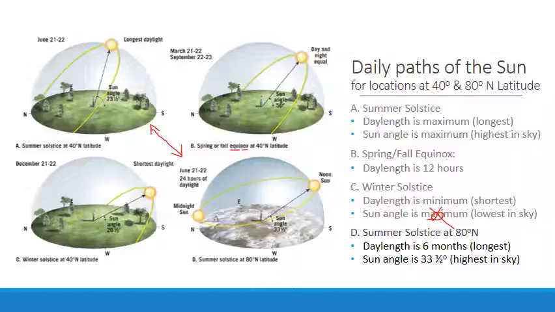Do you notice something about these numbers? Here we're at 40 degrees north, okay? And if we add 50 degrees, the sun angle, to 40, we get 90, right? And that's the total number of degrees between the equator and the pole. So what happens if we're at 80 degrees, and we compare that latitude with this one.